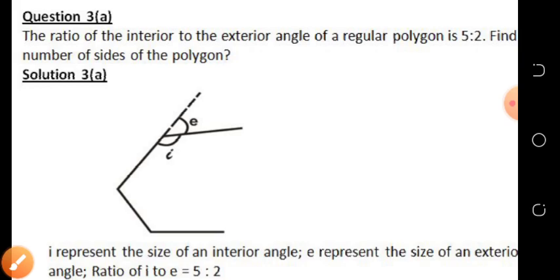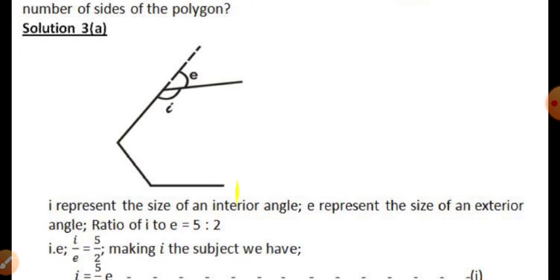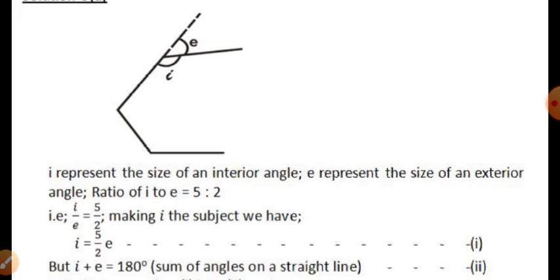Now let's move on with the solution. I represents the size of an interior angle. E represents the size of an exterior angle. Now the ratio of interior, that is I, to E is equal to 5:2.